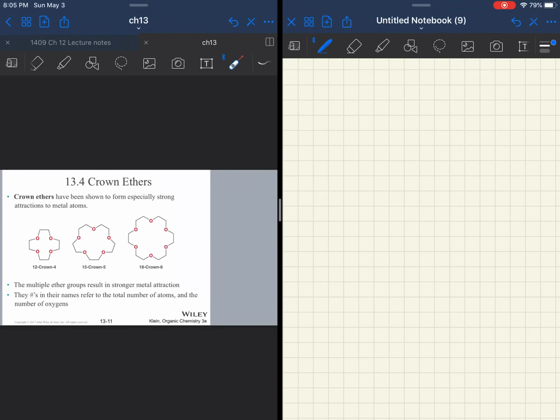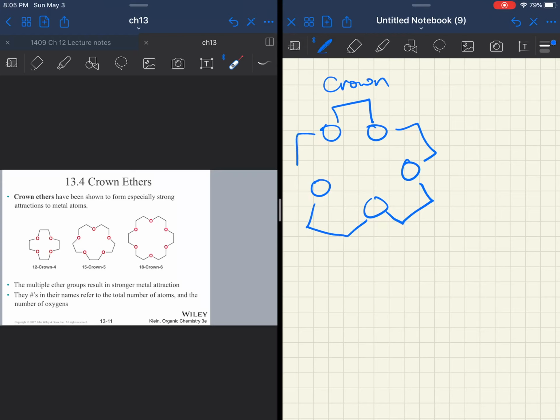There's a crown ether. So a crown ether is a very particular cyclic ether, and it's always an oxygen bound to another oxygen with two CH2 groups. However many oxygens you have and however many R groups you have, that's how you're going to name it.